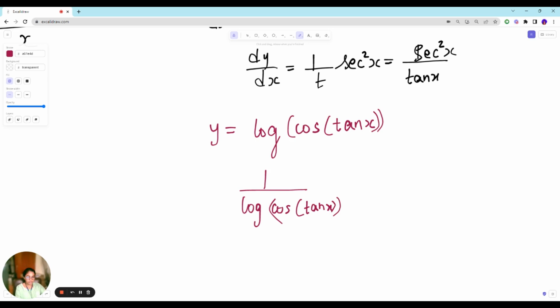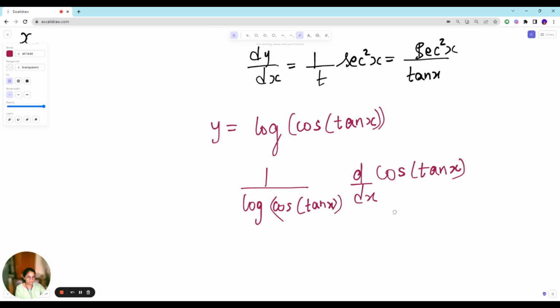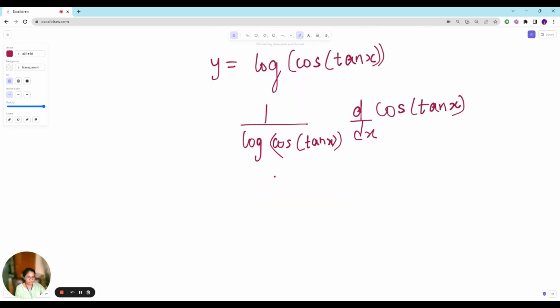Okay, next what should I do? Derivative of cos of tan x, correct? This is chain rule. Agree? Cos of tan x. Next what should I do? 1 divided by log of cos of tan x. Now again, for this derivative what should I do?